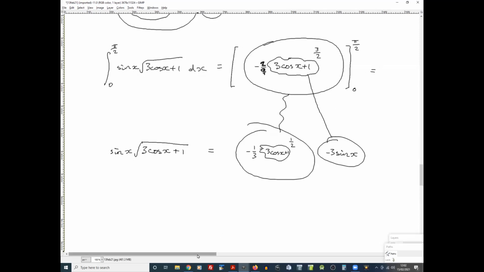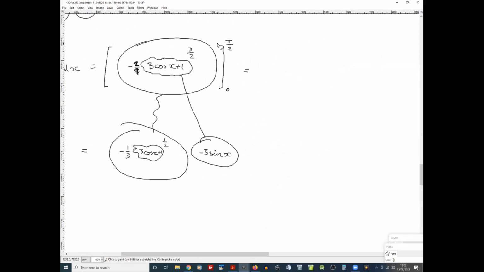And so if x is pi over 2, what's cos x? That would be cos 90, so 0. Good. Plus 1 makes 1.